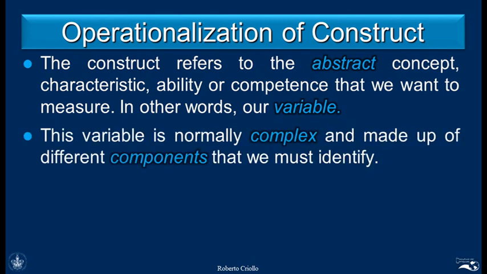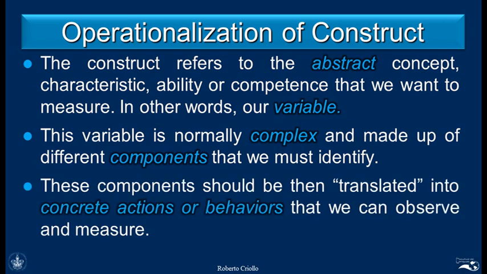And this variable is usually complex. It's made up of different kinds of components. We must identify those concepts if we are to measure them. And once we have identified these components, we need to translate them into concrete actions or behaviors that we can observe and obviously measure. And that's what we call the operationalization of the construct.